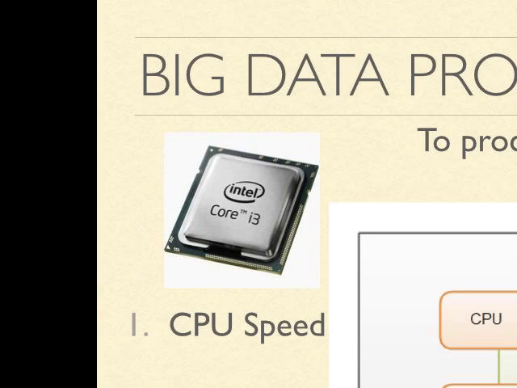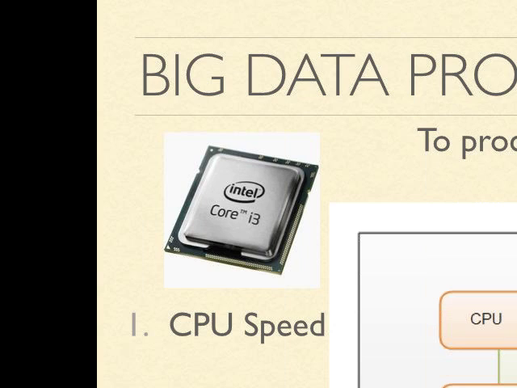The second one is memory. There are chances that you are not able to put all the data into memory for the CPU to process, or your RAM is slower. If the RAM is slower, no matter how fast your CPU is, you cannot go beyond a particular speed.